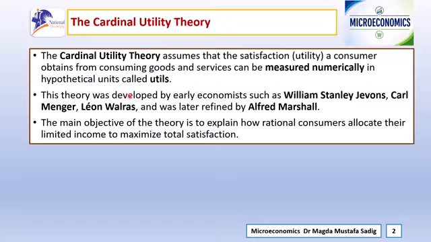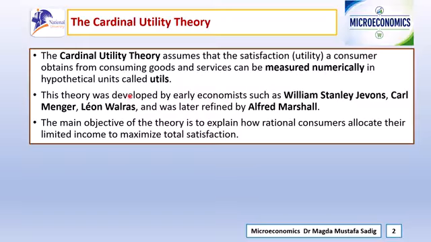The third bottle gives you 20 utils, and the fourth bottle only 10 utils. Notice something very interesting. Your satisfaction continues to increase, but each additional bottle provides less additional satisfaction than the previous one. This simple observation forms the foundation of cardinal utility analysis.